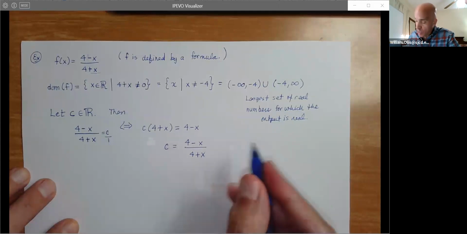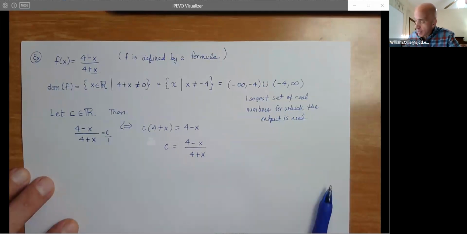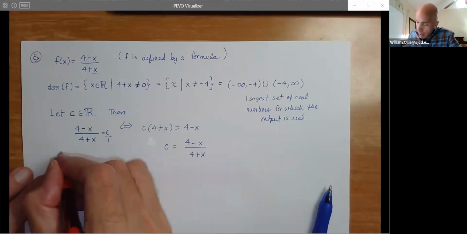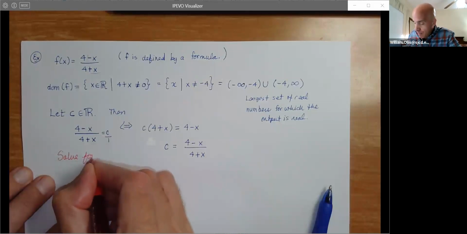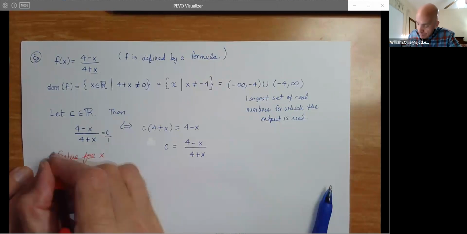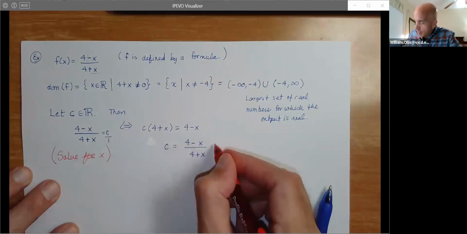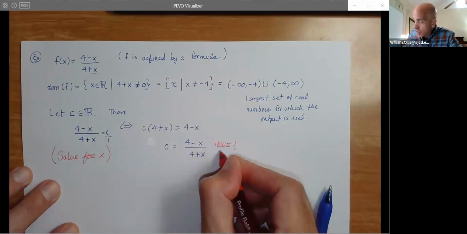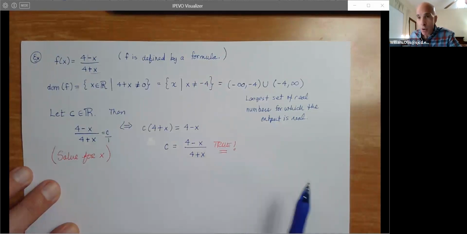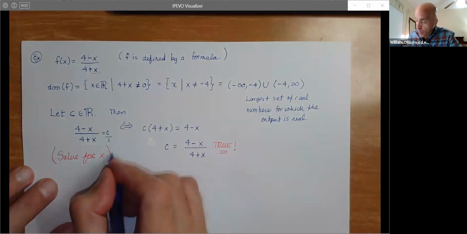Let's solve for X. So let me write it this way, not just go in a circle. Solve for X, like we're doing an inverse. So yes, this is true, but that's the same thing we started with. That's what math does. You go backwards to go forwards. So here's solve for X.